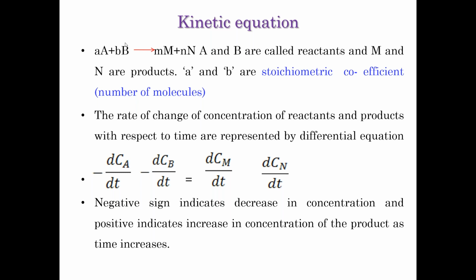A amount is decreasing, or B amount is decreasing, or M amount is increasing and N amount is increasing. That increase or decrease is represented by the negative sign and the positive sign. The negative indicates that the rate of change of the reactant A, or its concentration, is decreasing with respect to time. Same with B also.